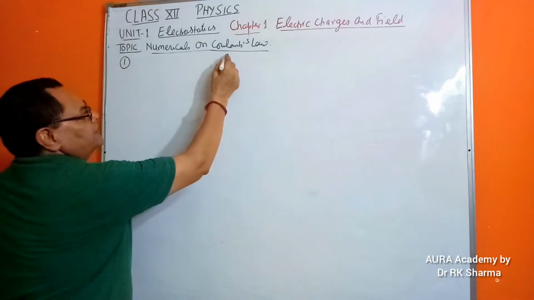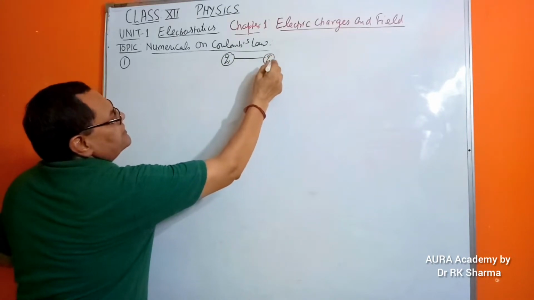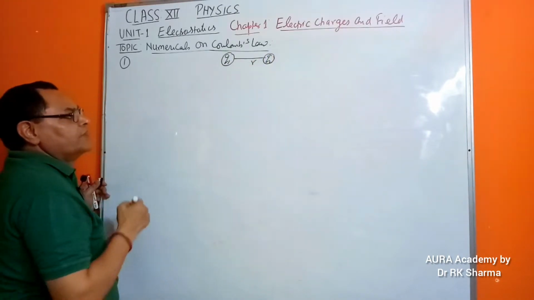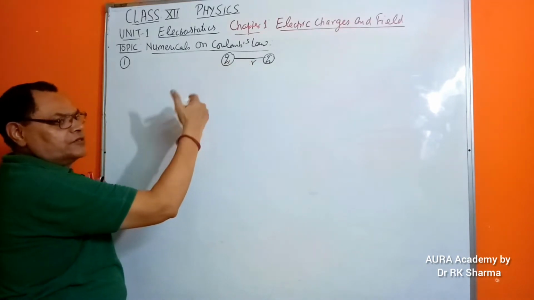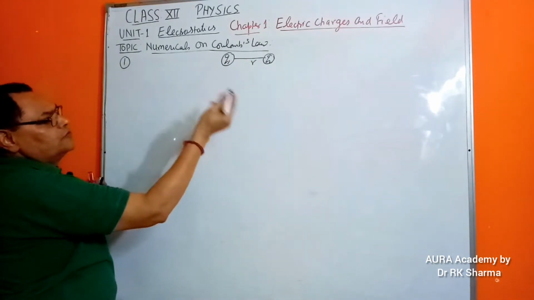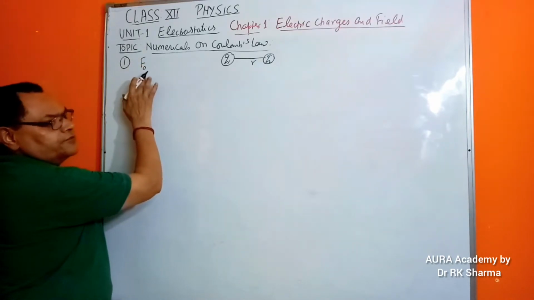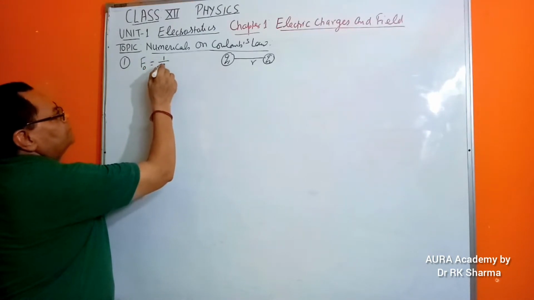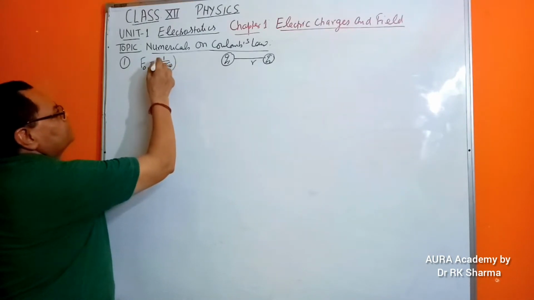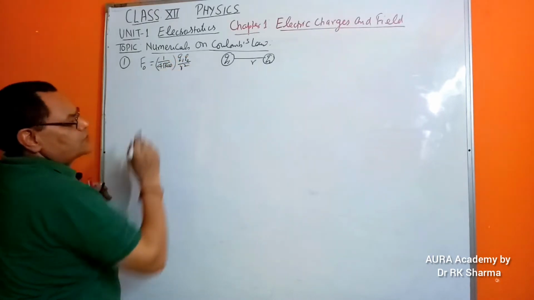Whenever there are two point charges Q1 and Q2 separated by a certain distance, the force between them, either of attraction or repulsion, is given by Coulomb's law. The force in free space, F naught, is equal to 1 upon 4 pi epsilon naught into Q1 Q2 upon R square.